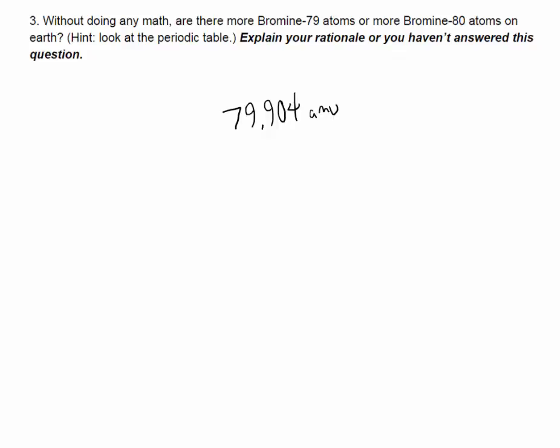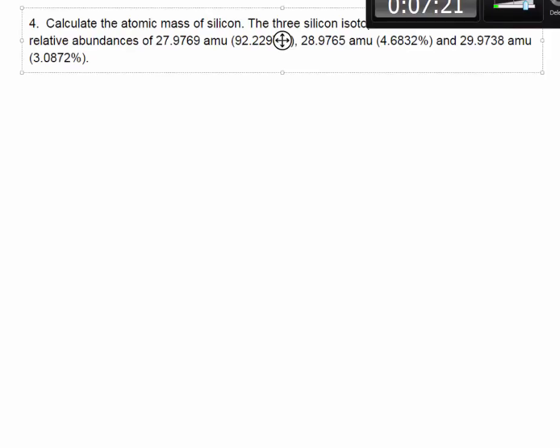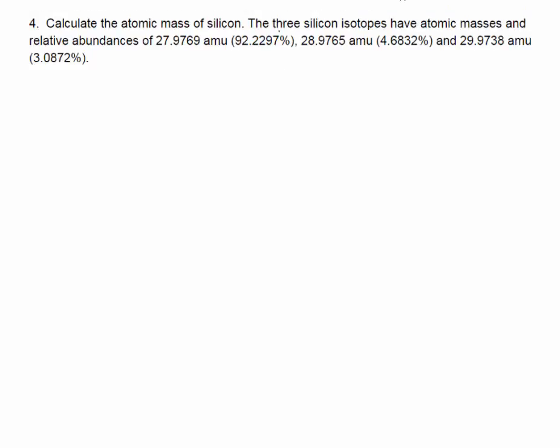Okay, and then finally, the fourth problem is just another one with the mass and the percentages. We just have a lot more decimal places, but that doesn't change the process. So here we go. Let me get a different color.